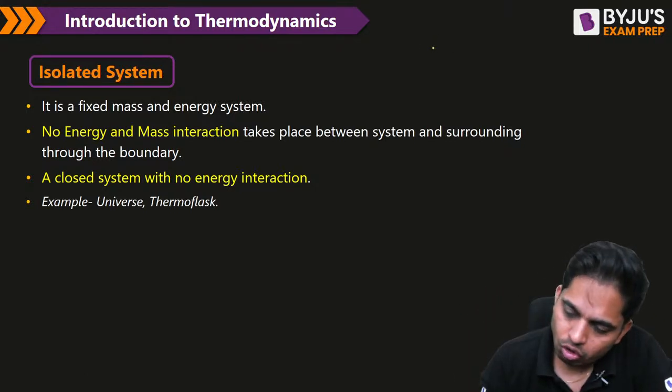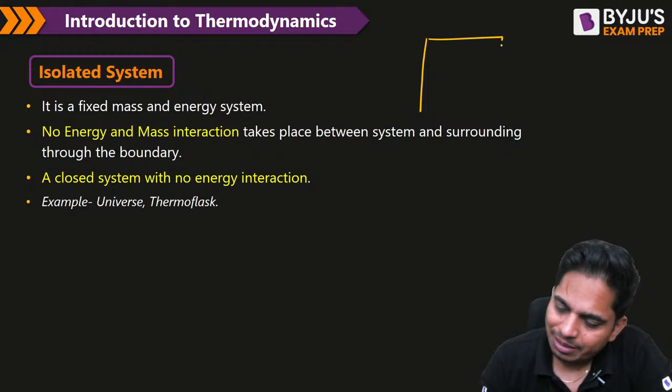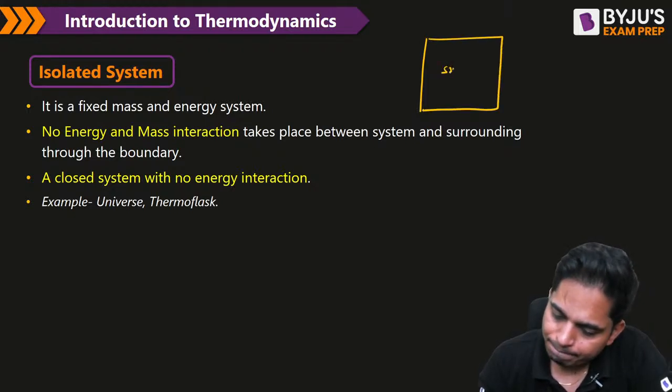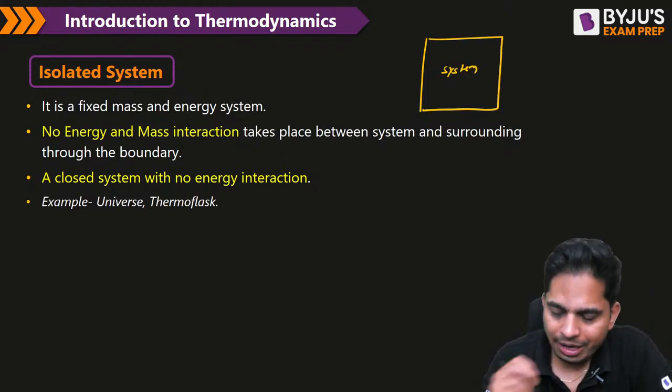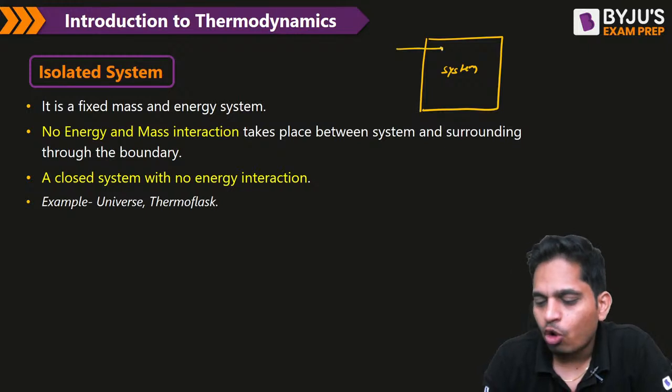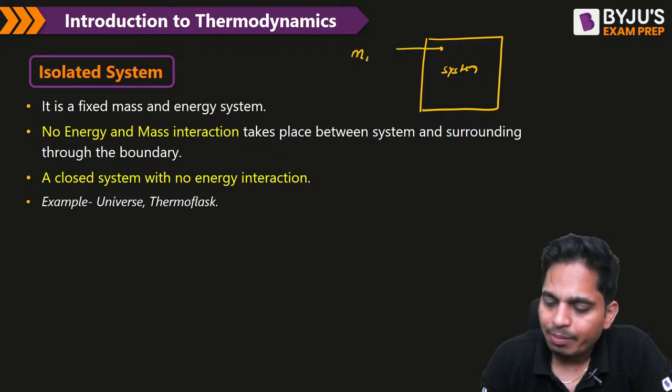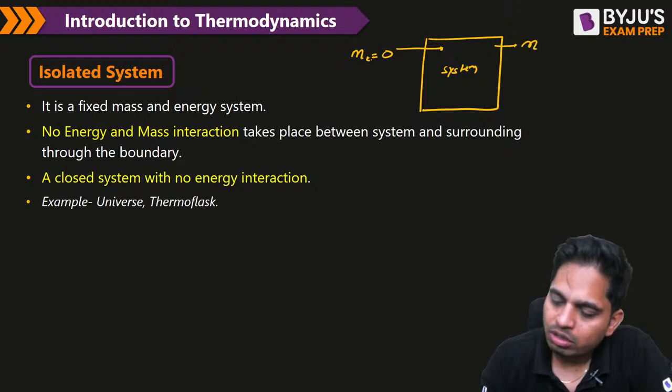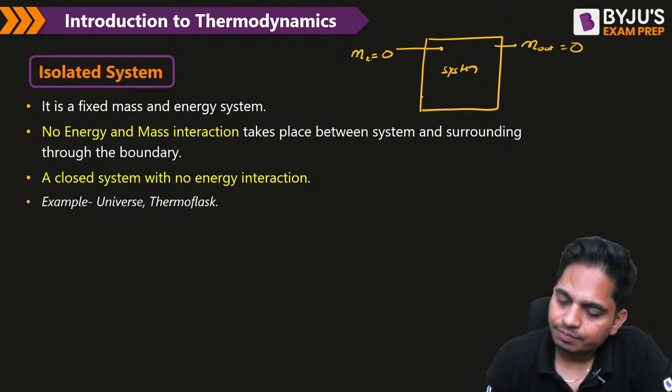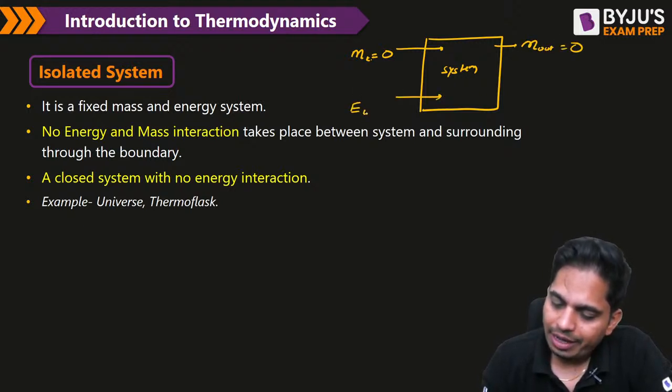Okay. So let us say this is my system, and it is not allowing any mass transfer: mass in is 0, mass out is 0, energy in is 0, energy out is 0.